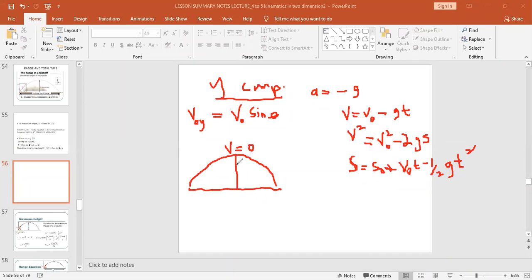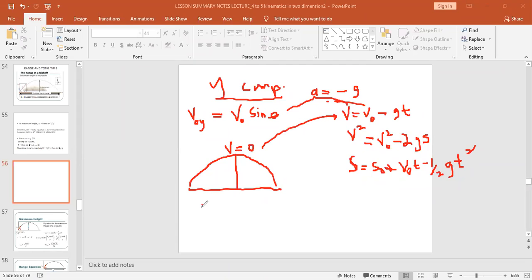So at maximum height, your velocity final is equal to 0. Then we also have the initial velocity here, which is V naught sine theta. So we can write an expression for the time to the maximum height using equation 1.